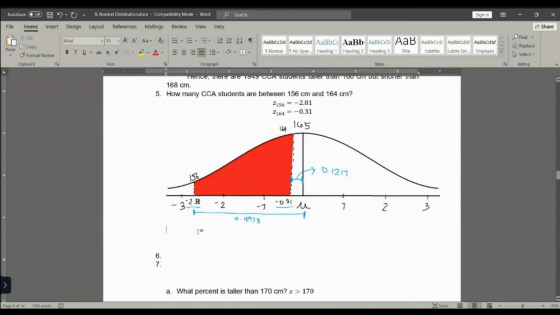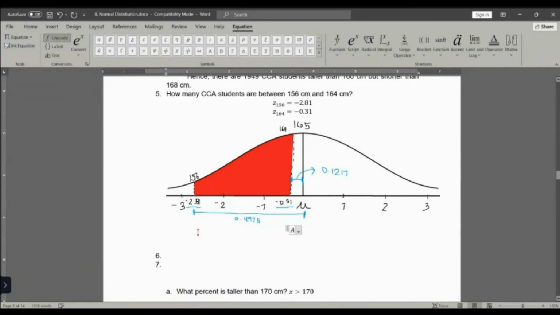So how can we determine the area of the CCA students whose height is between 156 and 164? Anyone?